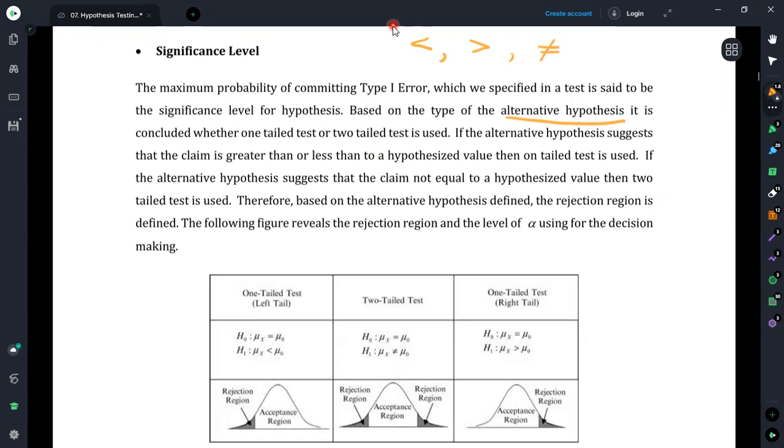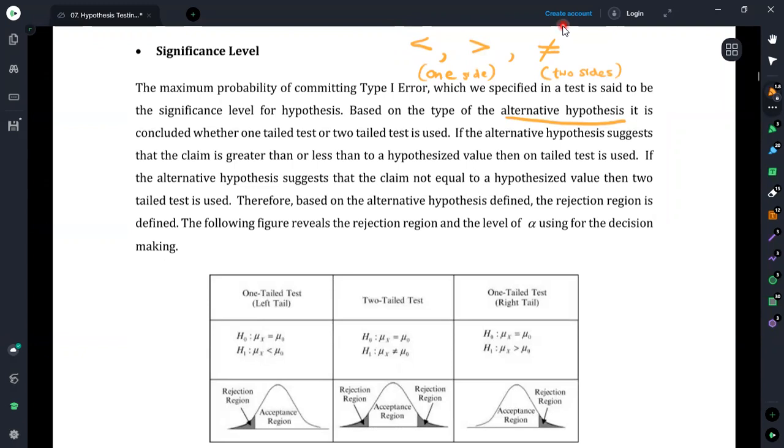If you are having less than or greater than, then it says only about one side, whether it is less than or whether it is greater than. For the first two, we are having one side. But if it says not equal to a particular value, then it can be less than or else it can be greater than. Therefore, we have to see on two sides if we are having the notation as not equal.